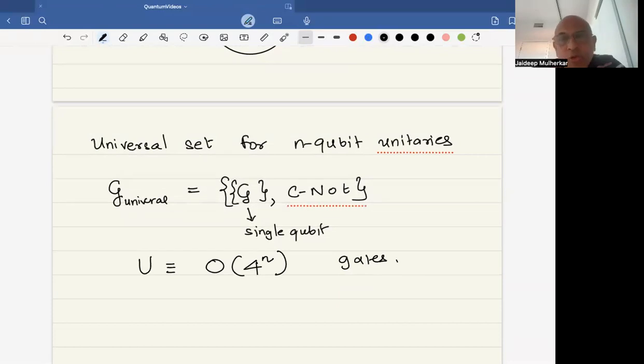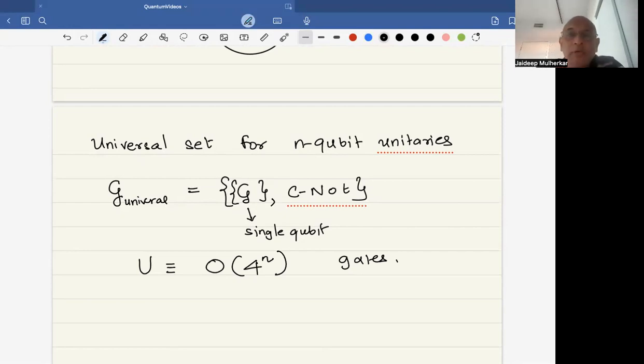The picture is not so good for an arbitrary unitary, although there are several unitaries which can be approximated by a polynomial number of gates. As we go into quantum algorithms, one of the measures of the success of quantum computing will be to develop efficient unitaries, right?